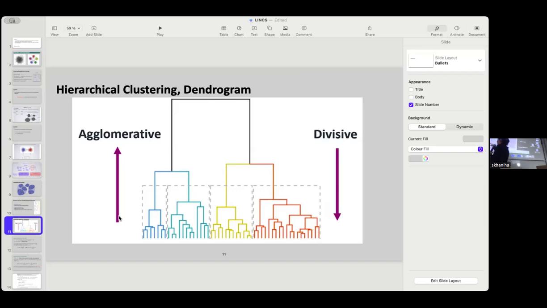So a leaf could be a node or some primitive community, and when we connect communities or nodes, we have a connection in the tree. Usually the height of the tree shows at which level the points are combining. And we can see the difference between these two methods here.